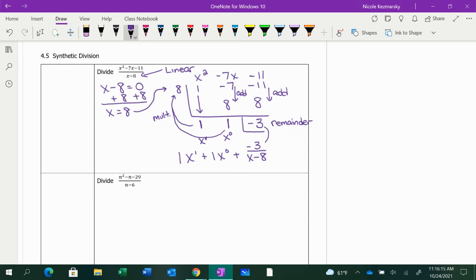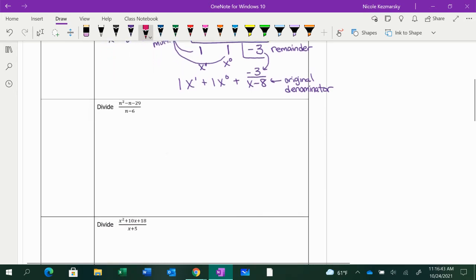So this remainder went here, and this right here is the original denominator. So that gets very busy. It makes the process look a lot more difficult than it is. Let's try another one that's not quite as busy with arrows and explanations.